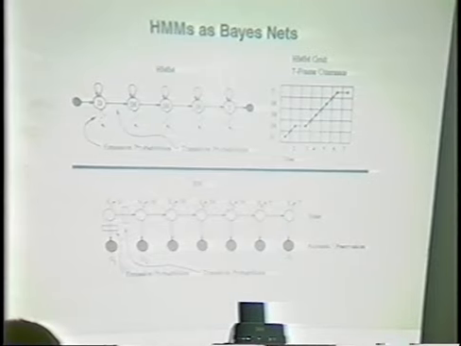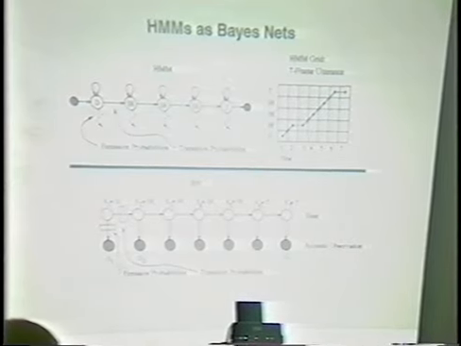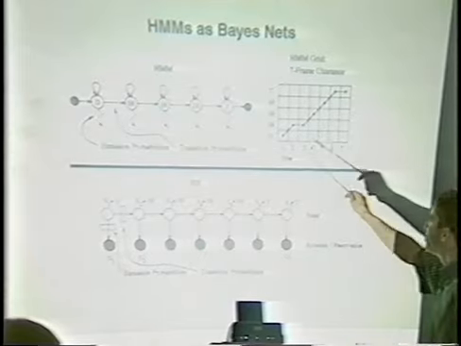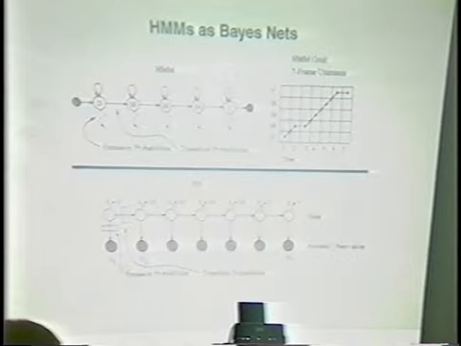The nodes represent states, and the solid arcs represent transitions and have transition probabilities associated with them. The dotted lines represent emission probabilities. The two shaded nodes here are just dummy initial and final states.